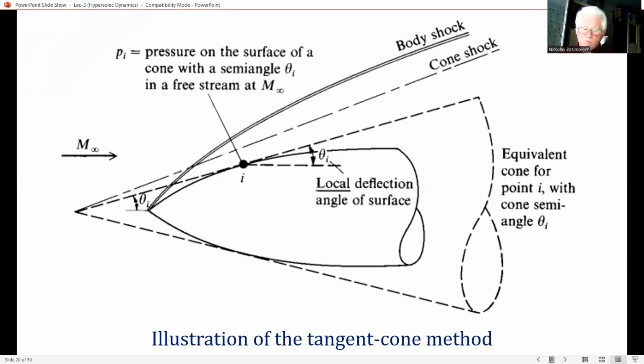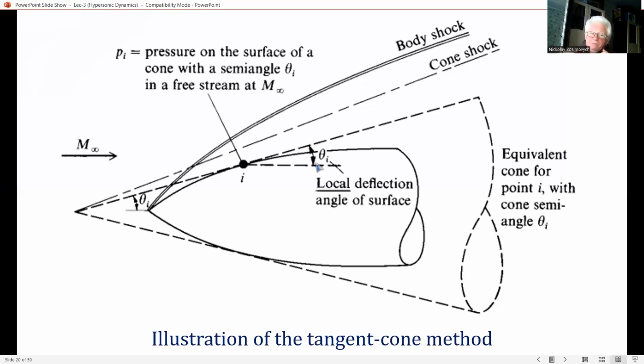Consider we have a point i on the body here, and a line drawn tangent to this point that makes the angle theta sub i with respect to the free stream. Shown as the dashed line here, this tangent line can be imagined as the surface of an equivalent cone with a semi-angle of theta sub i.